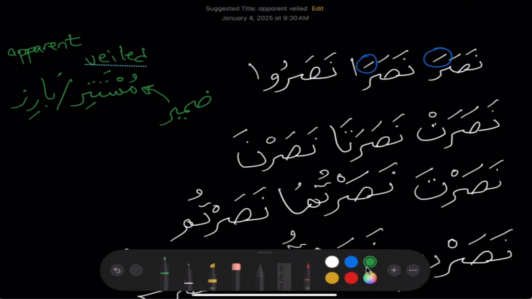It's bariz. Also, it's another kind of pronoun, which is called muttasil, connected. It's a connected apparent pronoun. Nasara, you're saying it, and it's attached to the word. Any question here so far?